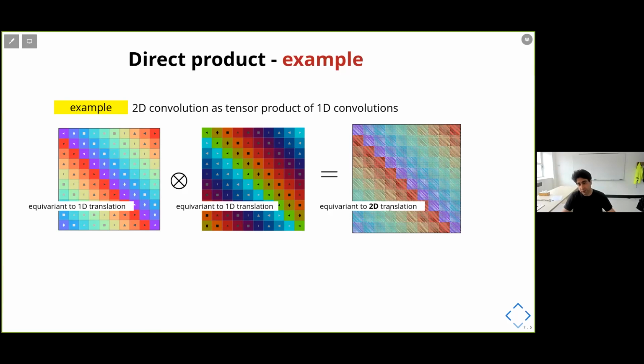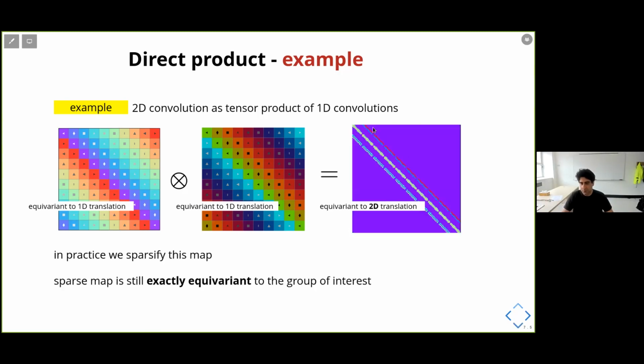That is, this is equivariant to horizontal and vertical translations. But it also corresponds to having a full convolution kernel. It's a very dense layer. In practice, you use local kernels for your convolution, which correspond to the sparse version of this matrix. But you can still show that this layer is exactly equivariant to the group that we want.